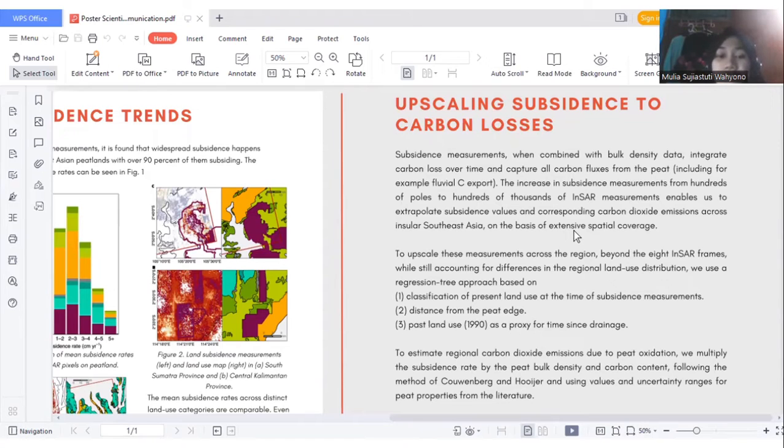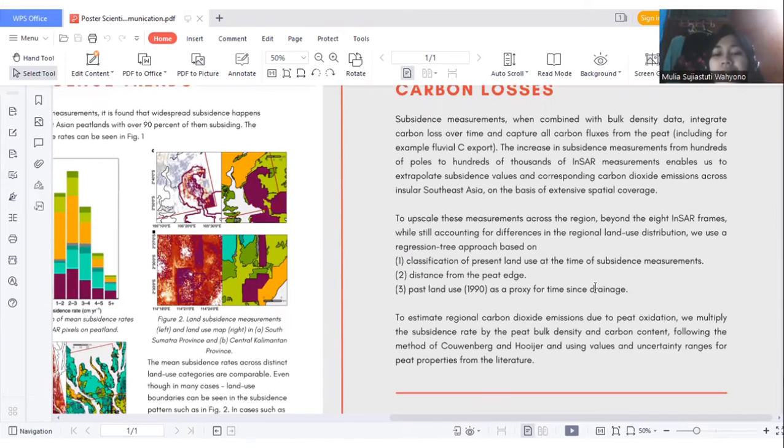To upscale this measurement across the region beyond the 8 InSAR frames, while still accounting for differences in regional land use distribution, we use a regression tree approach based on classification of present land use at the time of the subsidence measurements, the distance from the peat edge, and the last is the past land use in the 1990s as a proxy for time since drainage.